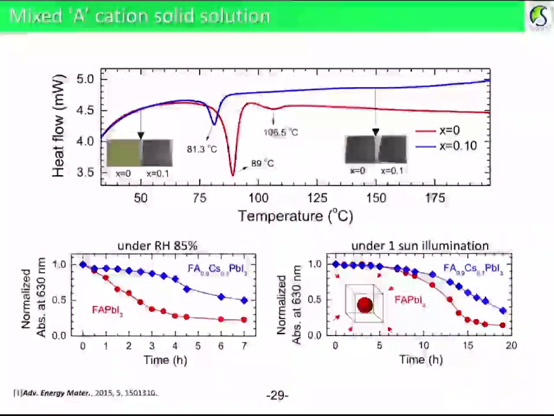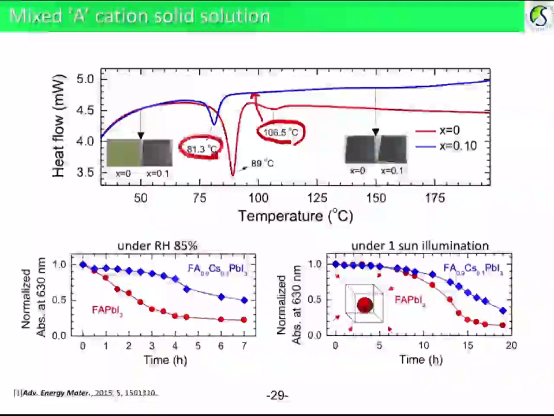So for the case of pure formamidinium perovskite, there is an endothermic peak around 106.5 degrees C, which originates from the phase transition. But such a peak disappears if we incorporate 10% cesium, which means that there is no phase transition in the film.